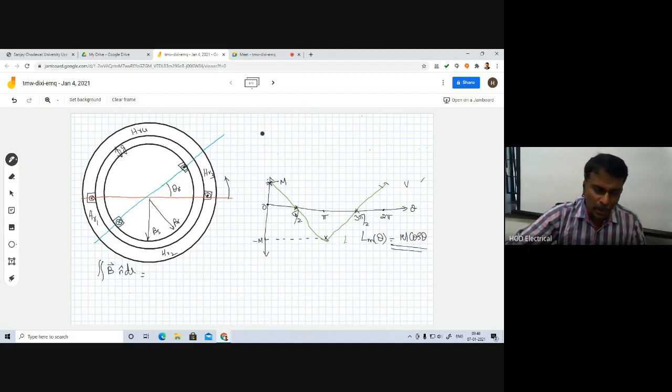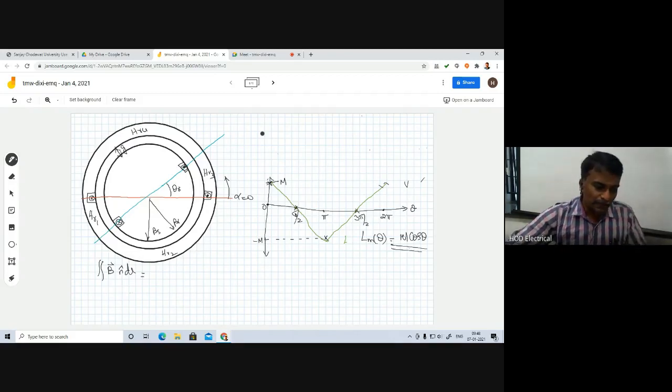It is nothing but mu naught, with HR1, HR2, HR3 and HR4. Either you have to take these two positive values or otherwise these two positive values. Better, I have chosen from this reference alpha equal to 0. So I am choosing from here.